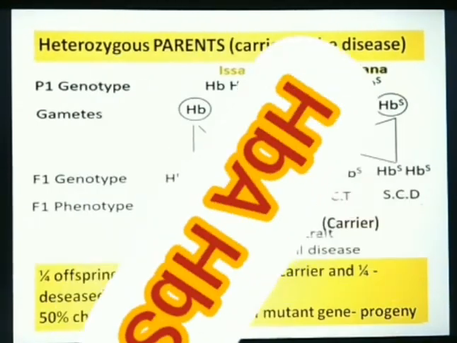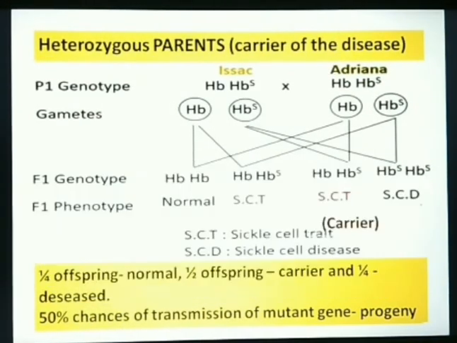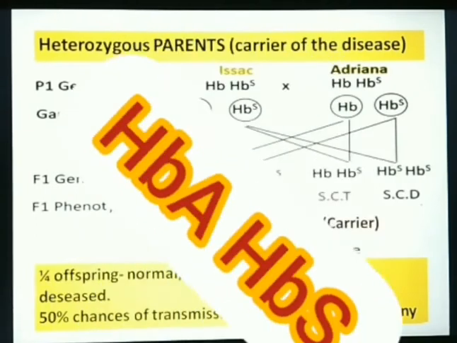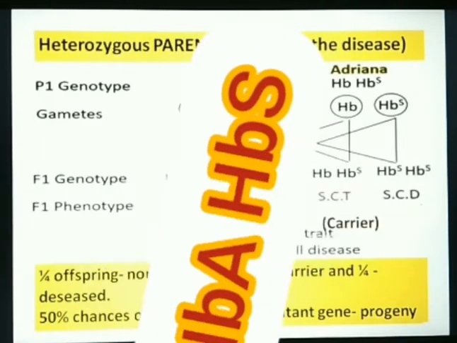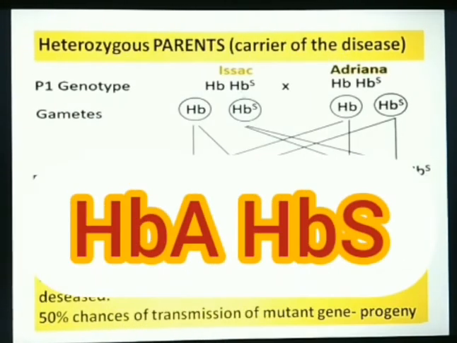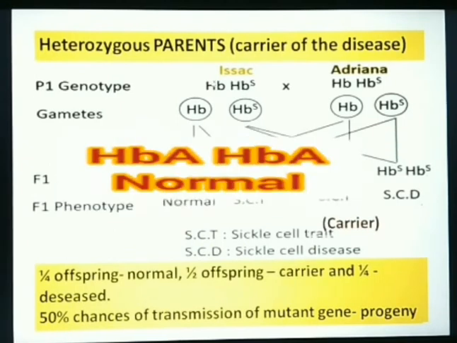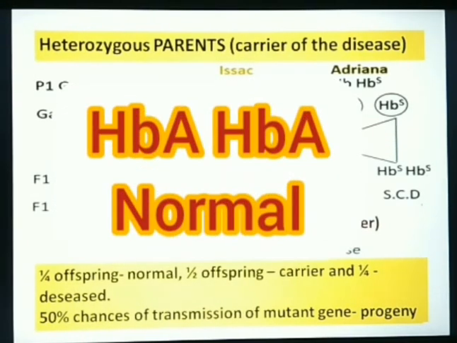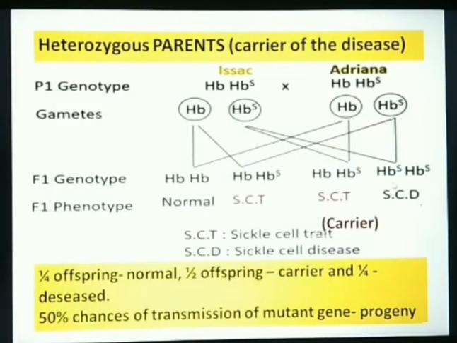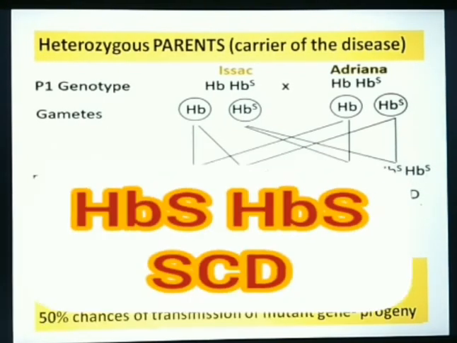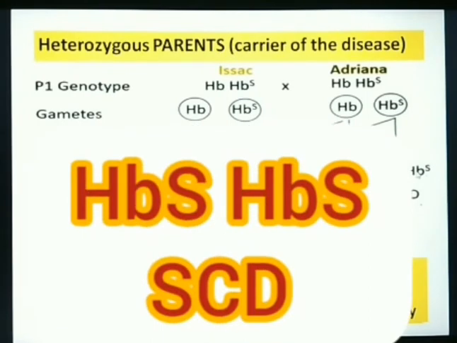Sickle cell anemia is controlled by the HB gene, with alleles HbA and HbS. The normal one is HbA. The individual who is suffering from sickle cell anemia will have HbS and HbS.